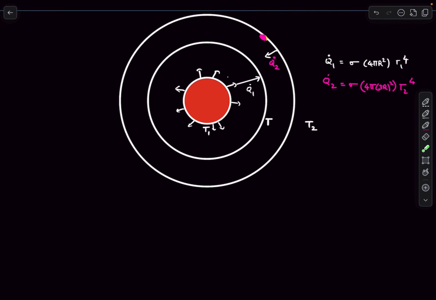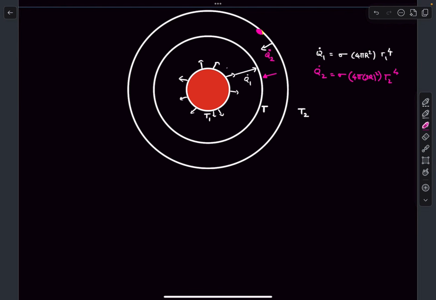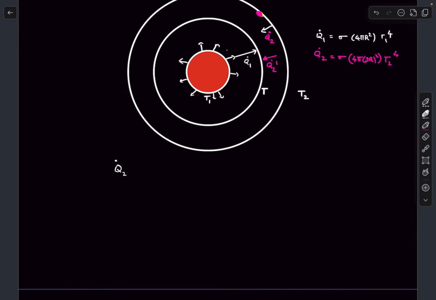Let's call the part of Q2 dot that hits the middle shell Q2 dot prime. So Q2 dot prime equals some fraction f of Q2 dot.